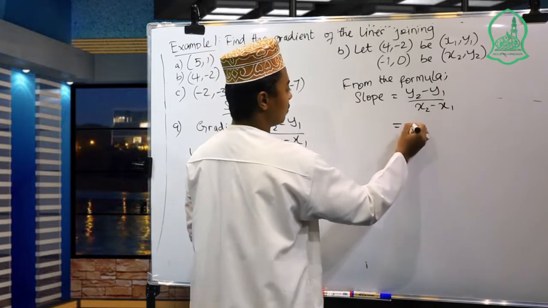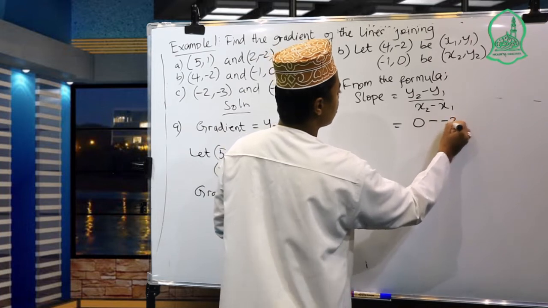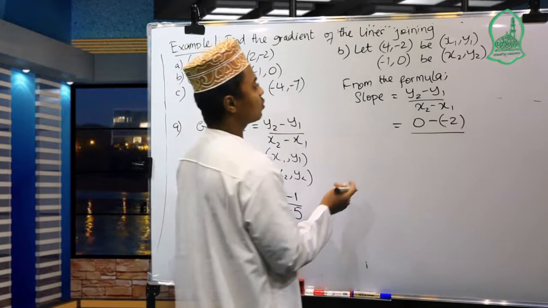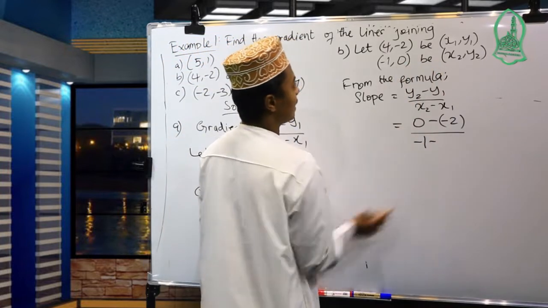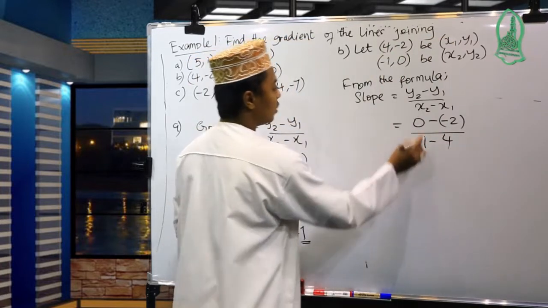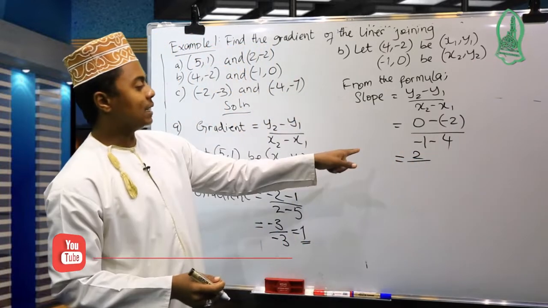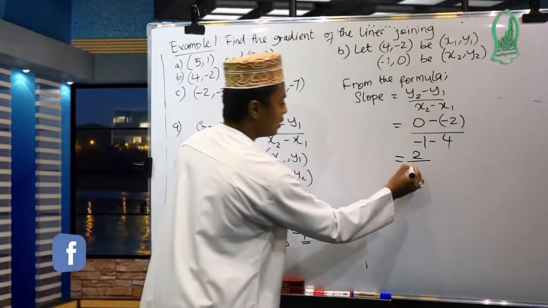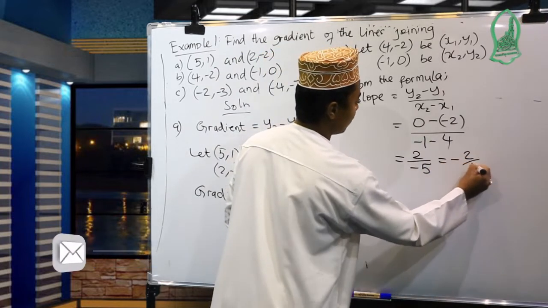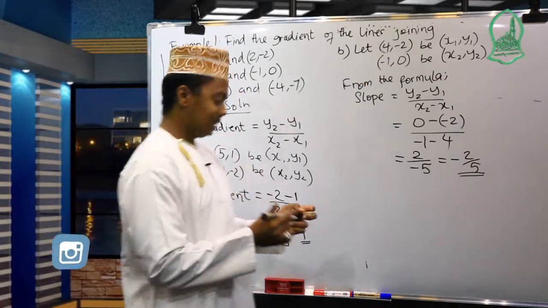So let us put in this formula. 0 minus negative 2, y1 is negative 2, over, what is x2? x2 is negative 1 minus, what is x1? x1 is 4. So here 0 minus negative 2 is equal to 2, over negative 1 minus 4, which is negative 5. Then the answer becomes negative 2 over 5. This is the slope from these 2 points.